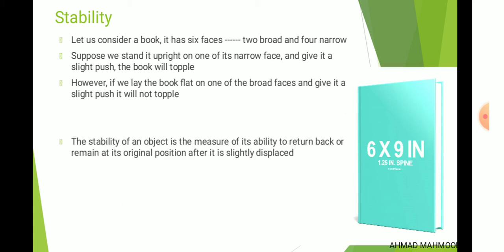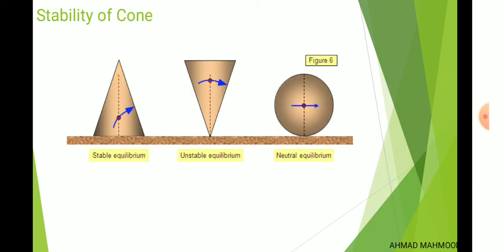The stability of an object is a measure of its ability to return to its original position after it is slightly displaced. So the book is not stable when it is on its narrow faces, it is stable when it's on its broad faces.